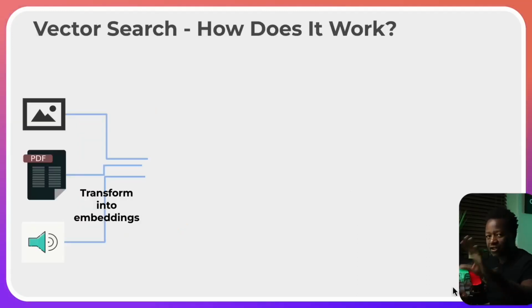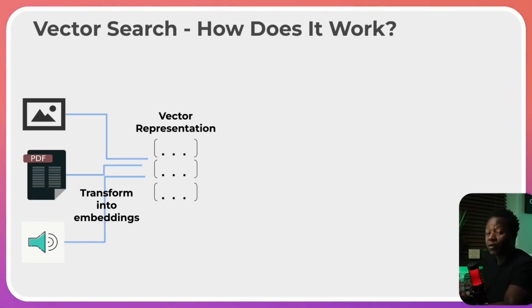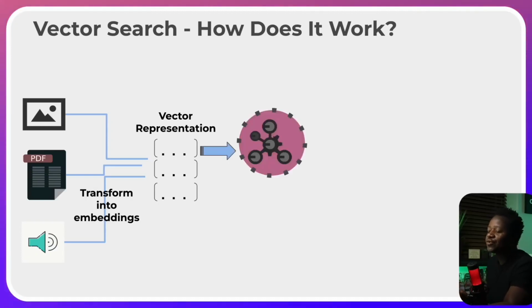So visually, this is what happens. You have all the documents. I'm showing different kinds of documents, but right now we're talking about just PDF files, though it could be anything in general. That has to be transformed into embeddings, as I just said, which are these mathematical representations of those pieces of data, the text or the document, which we call vector representation. That is what is pushed into this massive algorithm that will then know how to do the similarity search to find the right result.